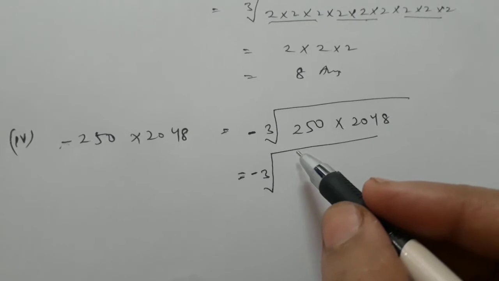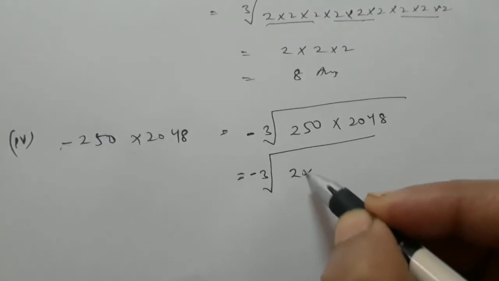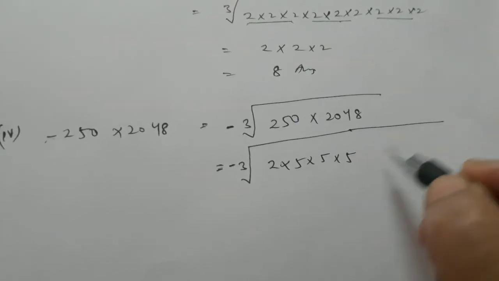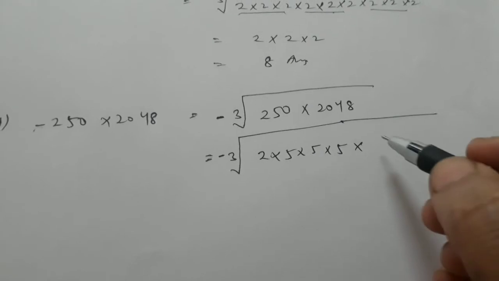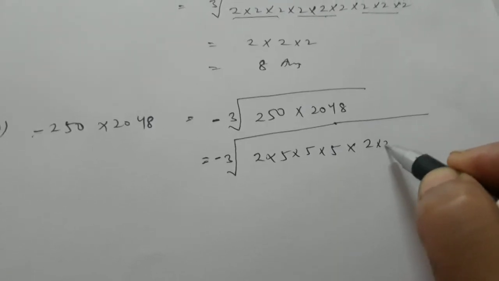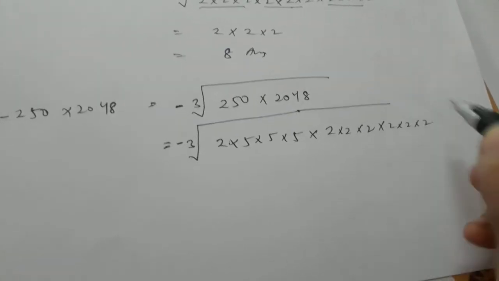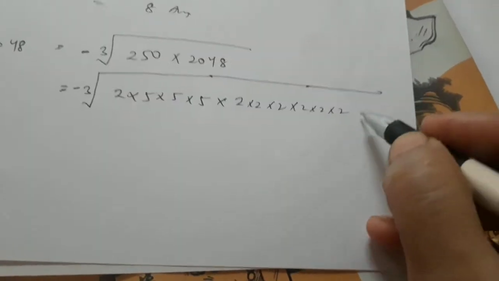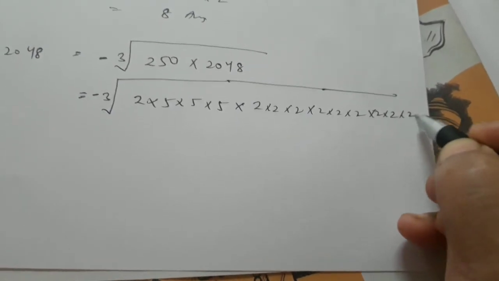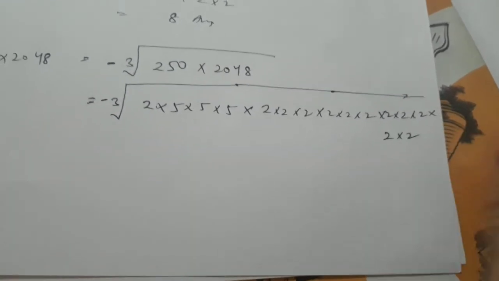Now the negative sign will be here only. The factors of 250 are 2 into 5 into 5 into 5, and factors of 2048 are 2 into 2 into 2, 2 into 2 into 2, and 2 into 2 into 2, and 2 times 2 again.